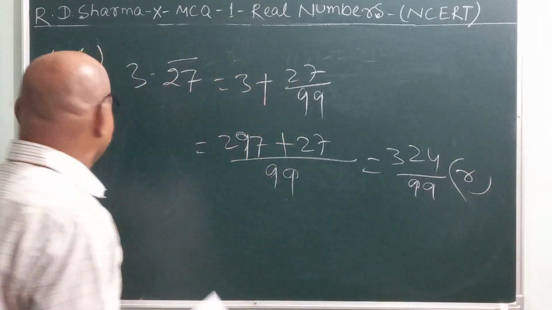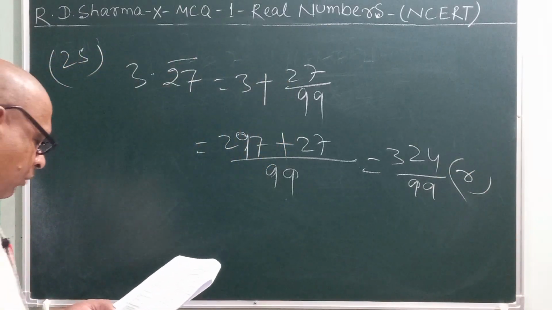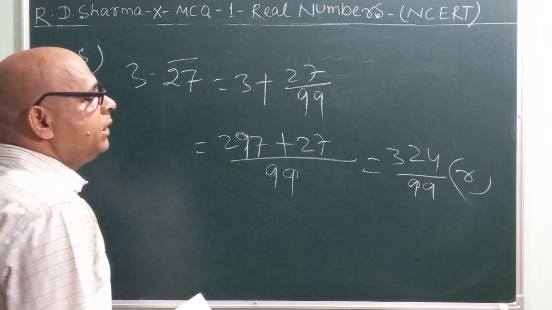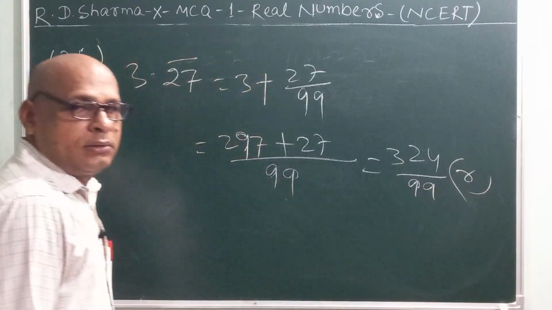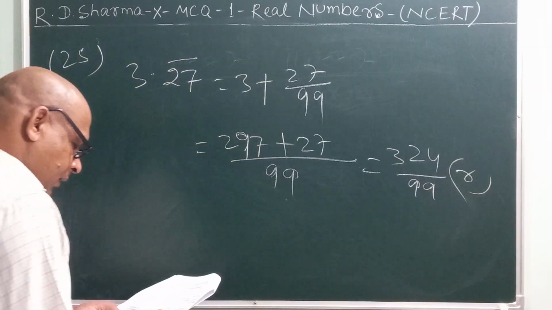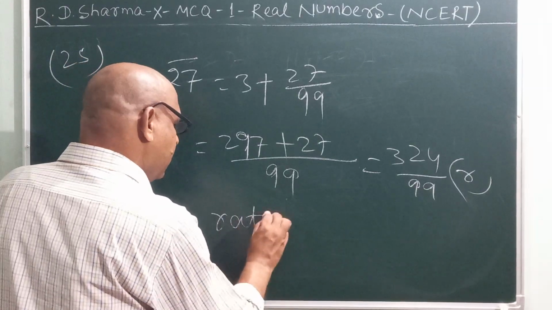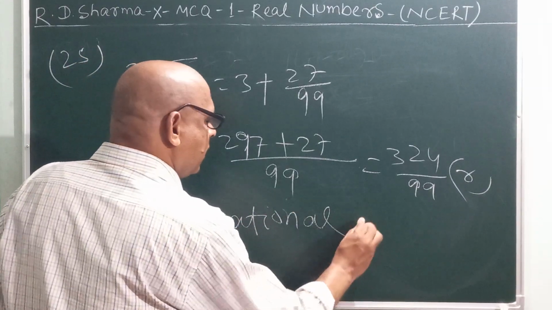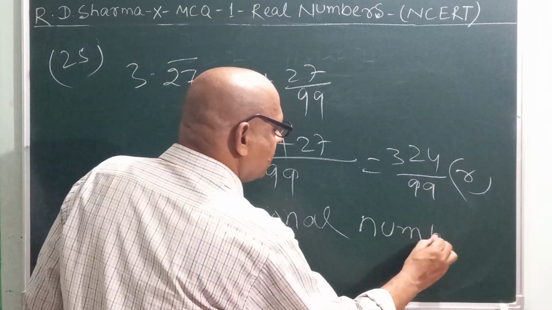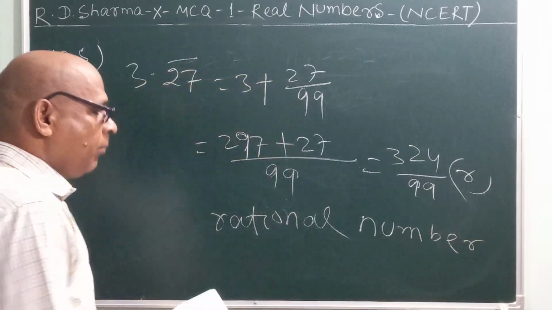Rational. So 3.27 bar is a rational number. Clear? B is the right answer.